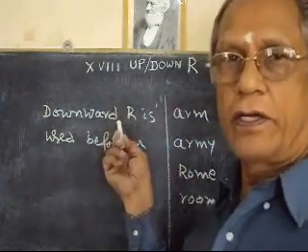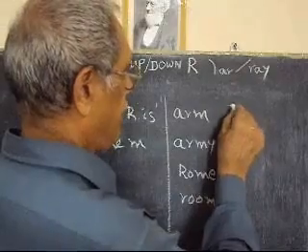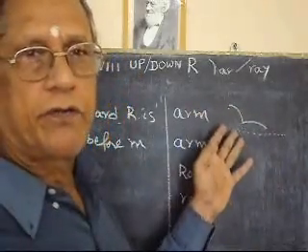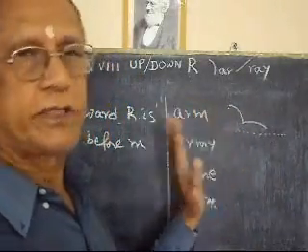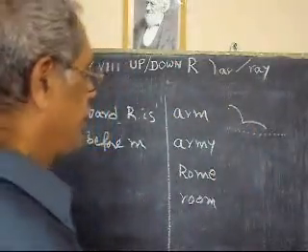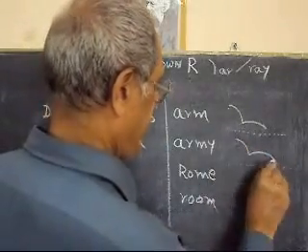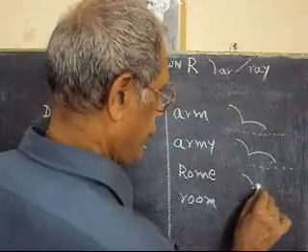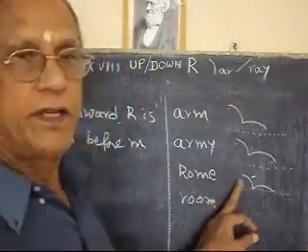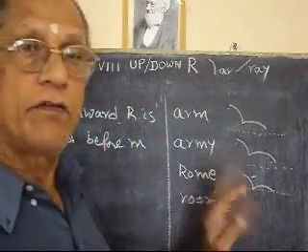The downward form of R is used before M. Arm. Initial R is written downward if a vowel precedes. That rule is there. But before M, R should be written downward. Army. Same. Army. Roam. Even if no vowel precedes, initial R is written downward only.